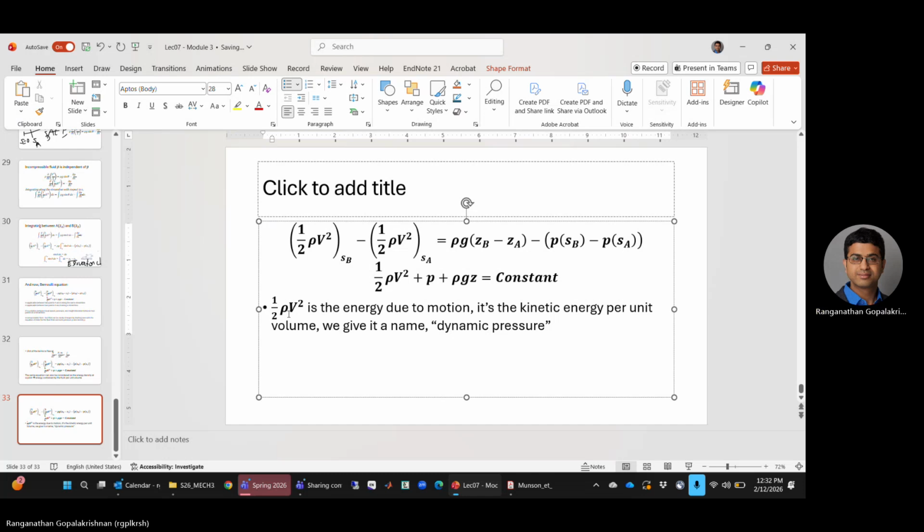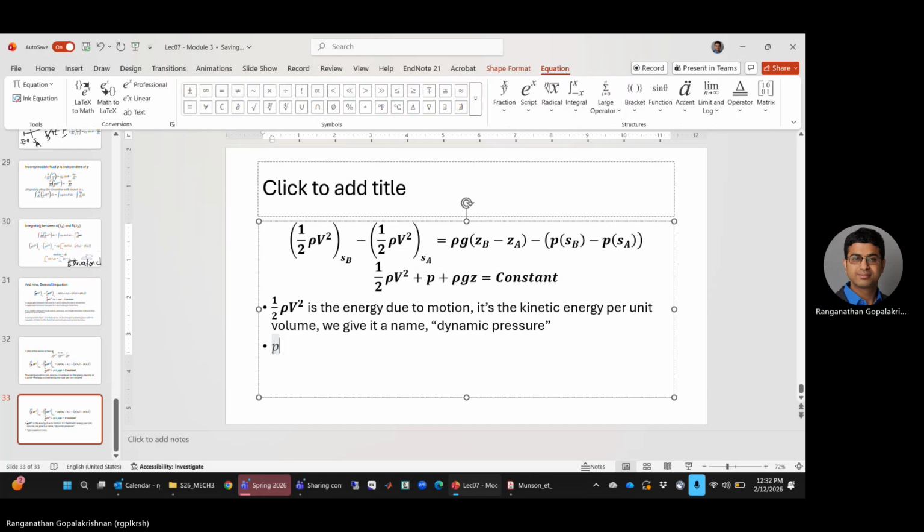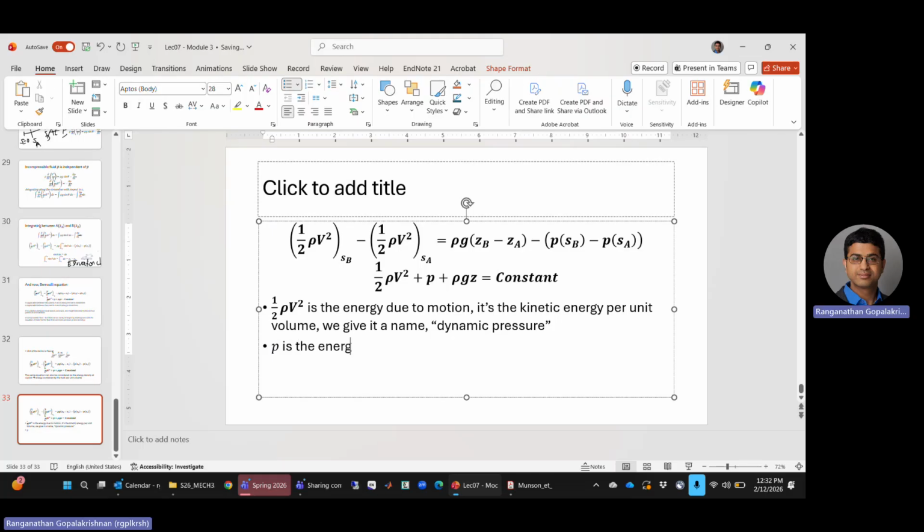The quantity P is the energy due to microscopic motion of the fluid molecules, which can't be seen by the unassisted eye, but can only be sensed.